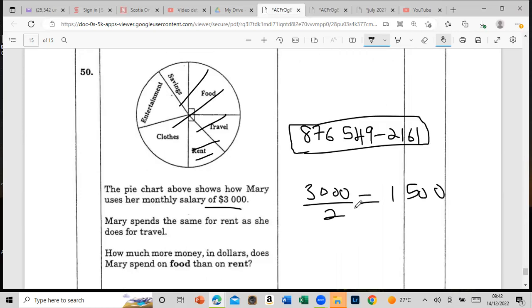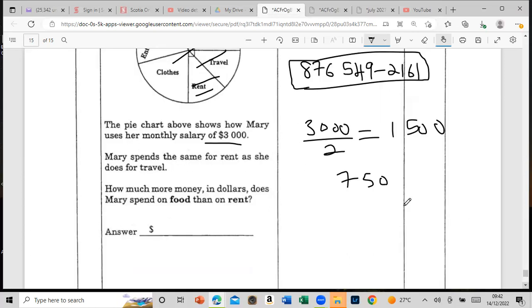So for food, we spend 1,500 divided by 2, that's 750. That's what she spent on food. And the other 750, we divide this by 2 to find out how much she spent on rent and travel. Because technically, if it's 750 minus the amount, it's going to work out the same.